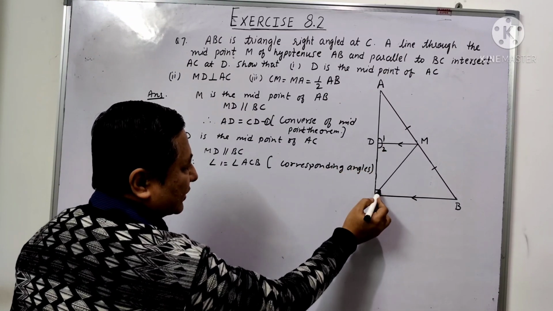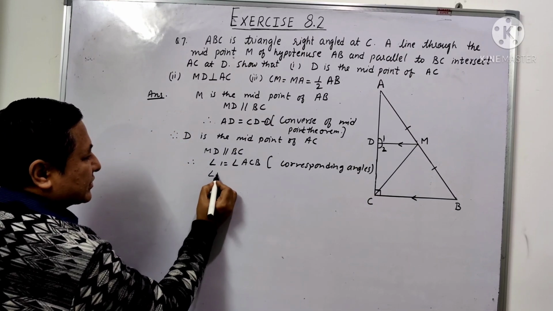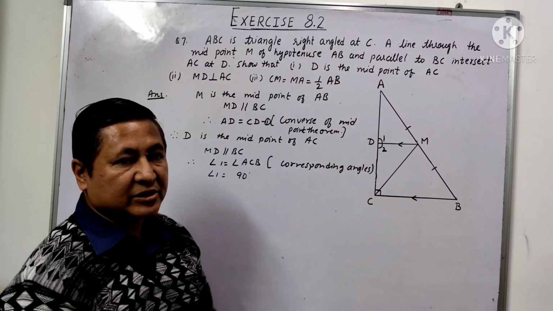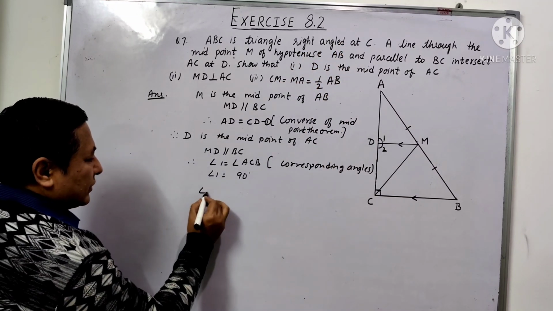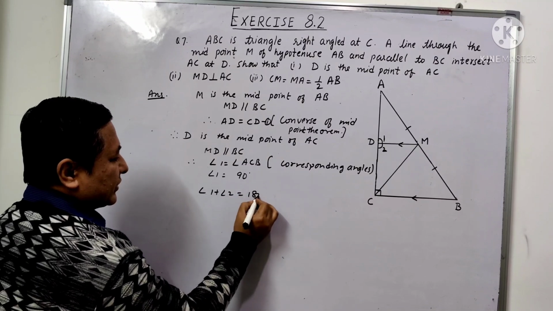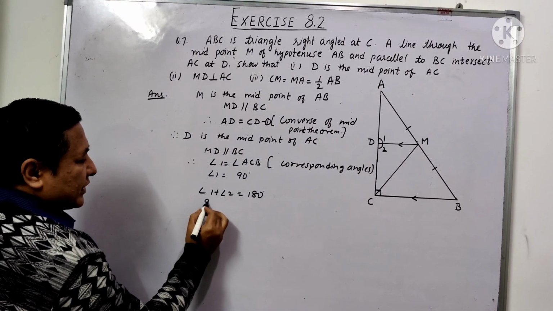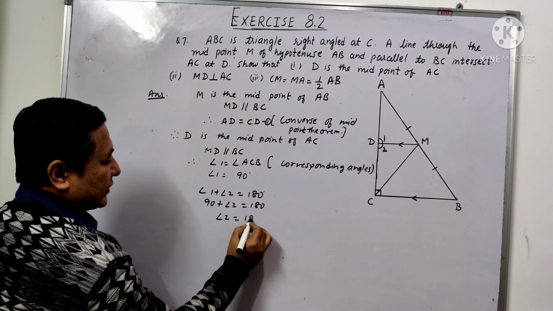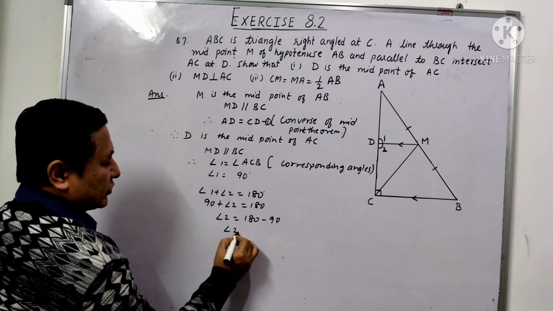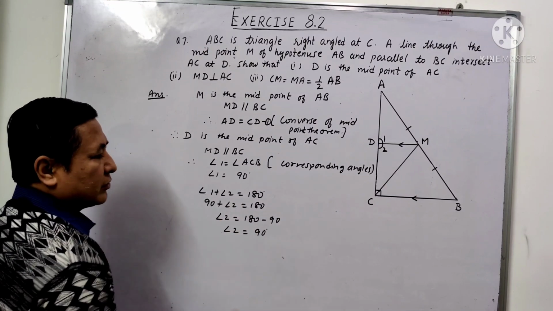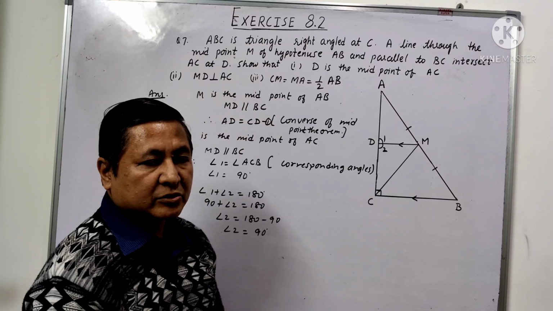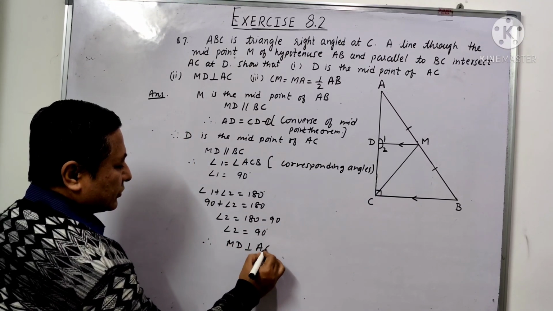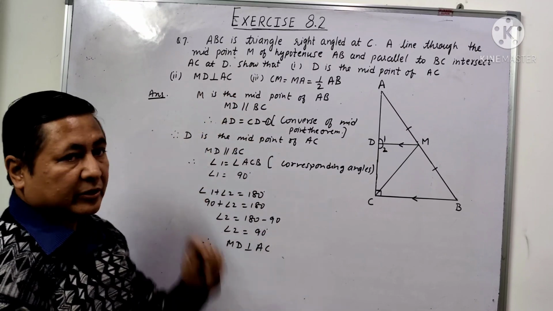Angle ACB is equal to 90 degrees because it is given that it is right angle at C. Also angle 1 plus angle 2 is equal to 180 degrees. So 90 degrees plus angle 2 is equal to 180, so angle 2 is equal to 180 minus 90, which is 90 degrees. Now we have proved that angle 1 is 90 degrees, so we can say that MD is perpendicular to AC. Now we have proved the second part also.